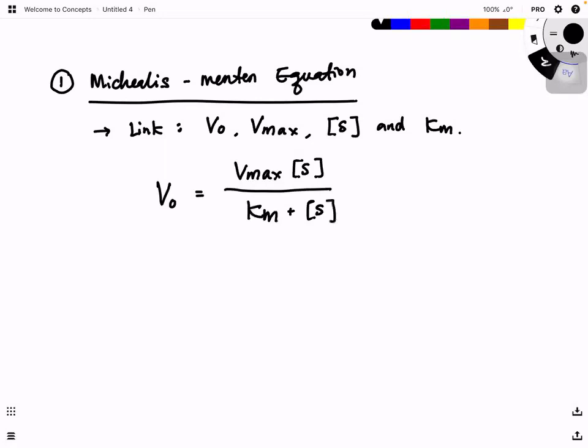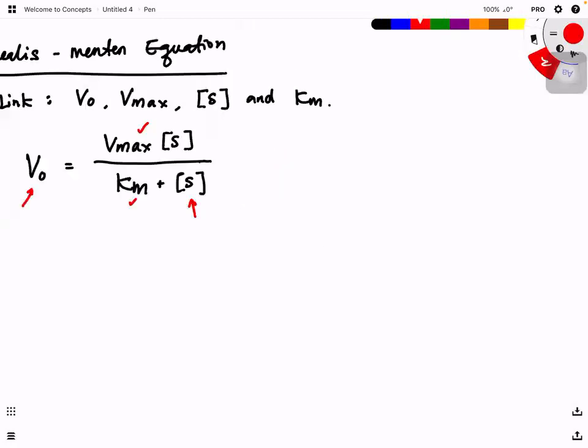Once I have the Vmax value and Km value substituted, I can put in any substrate concentration to get the V naught. Are you clear? Once I have Vmax and Km, I can always put in substrate concentration to get the V naught value, or I can put in V naught value to get the substrate concentration I need. So how to get Vmax?